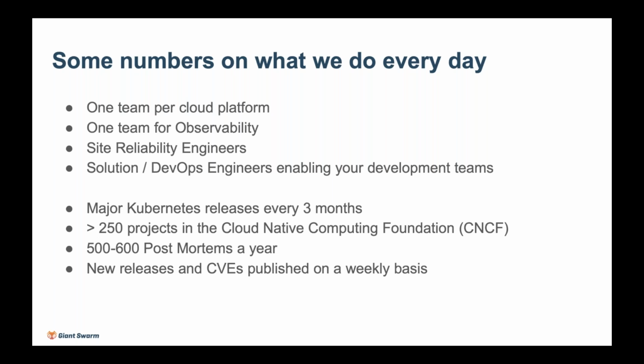And across all our customers, we have about 500 to 600 postmortems a year. Not saying that every customer runs into the same issues. What we do is, when we identify an issue for a single customer, we identify the root cause, fix it, and then deploy that fix to all customers at the same time, making sure that no customer runs into the same issue.